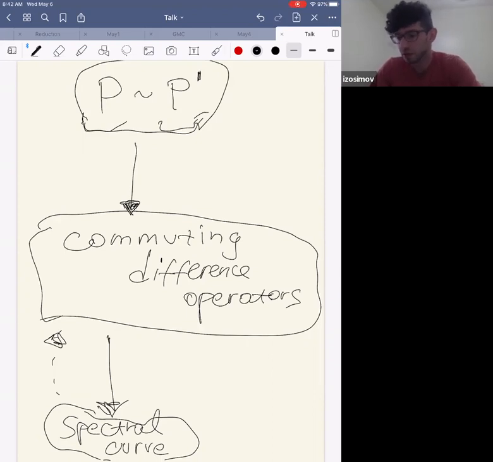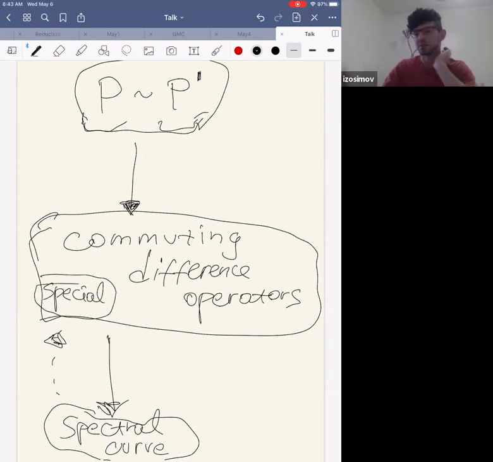We can, of course, apply this construction in our setting, but the crucial point is that in this case, we get this algebra of commuting difference operators, and it's not arbitrary, but rather special. It has some special structure, and using this special structure, we can actually show that the spectral curve in this case is elliptic.